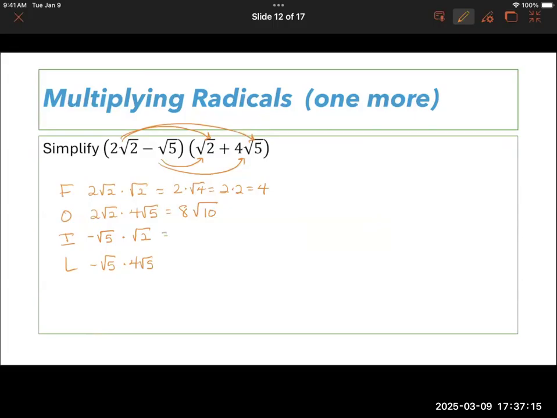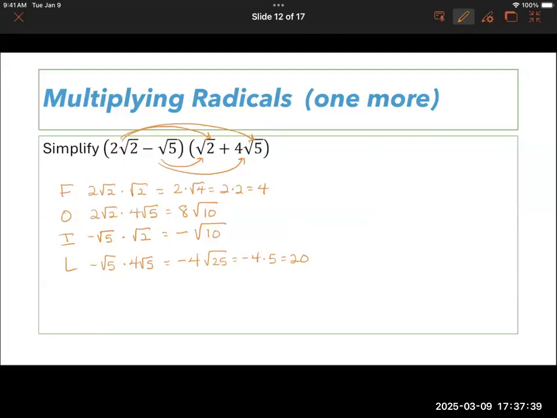For the I, we've got a negative, and then the 5 times the 2 inside the radical gives us 10. And then for L, we've got the negative 4, and then the 5 times 5 gives us 25. So negative 4 times 5, which is negative 20.